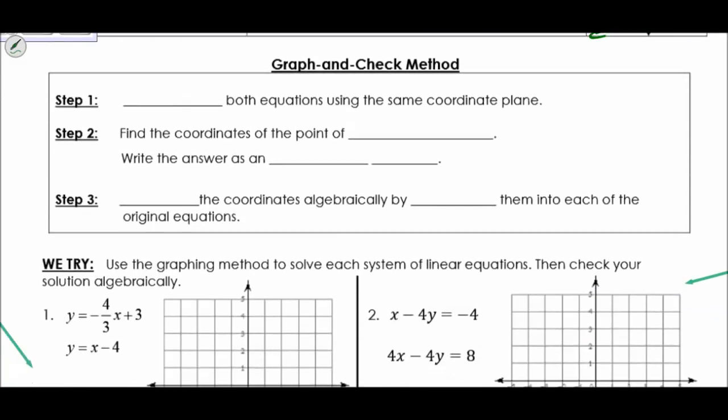So when we're graphing, we always want to check using the coordinates. So we're just walking through these 3 steps. First off, we're going to graph both of these equations on the same coordinate plane. Then we're going to find the coordinates of the point of intersection, and write that answer as an ordered pair.